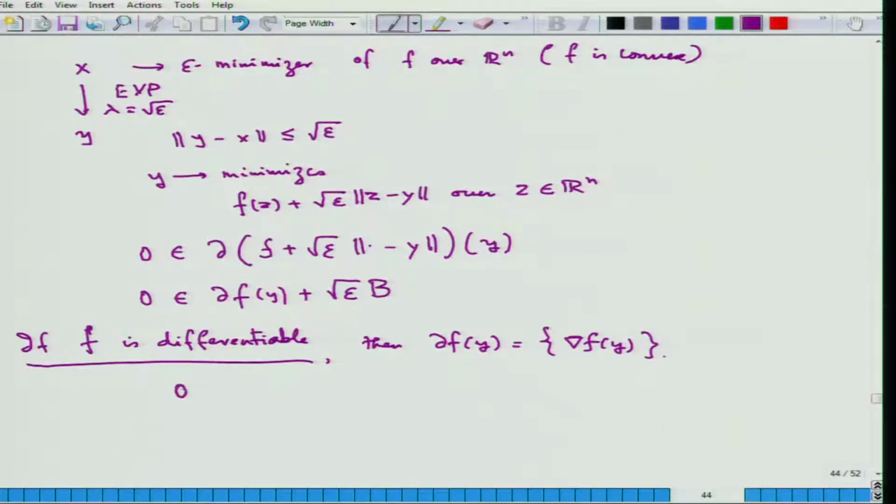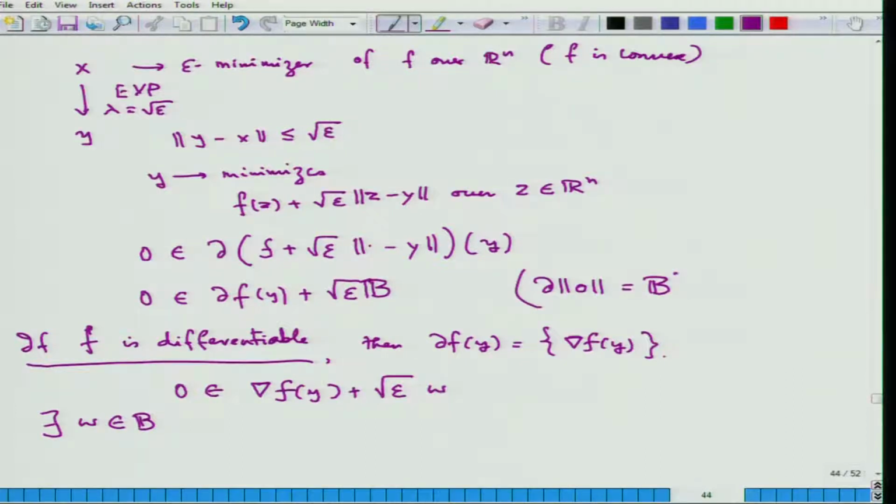So this condition becomes: there exists w in B, or maybe this is the way it is written in literature, such that, note that again I am using the fact that the subdifferential of the norm at 0 is B. From here to here I have applied the subdifferential sum rule, here I have applied the optimality condition, and here I have applied the subdifferential sum rule.